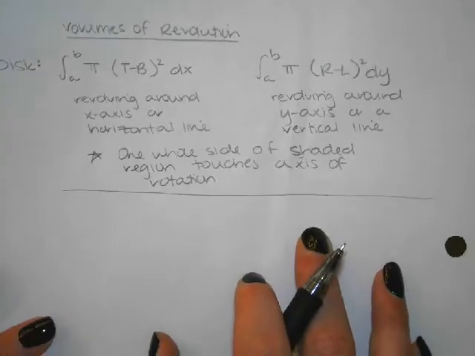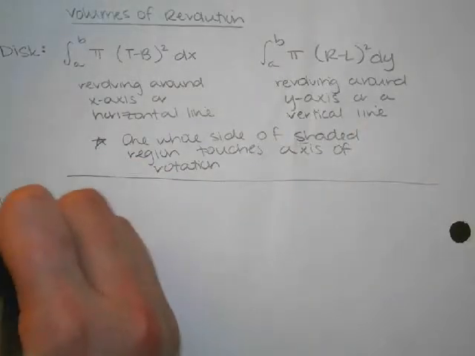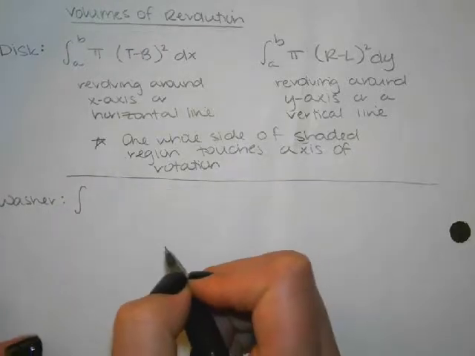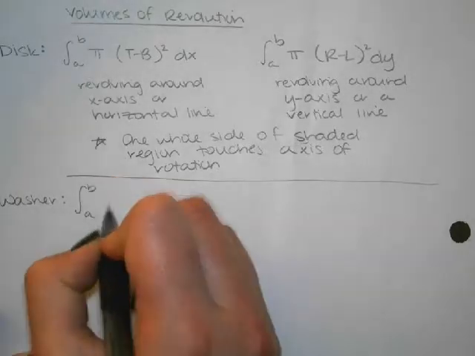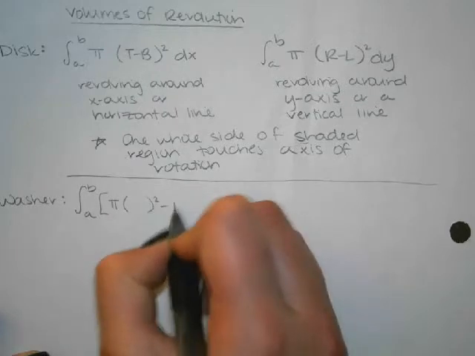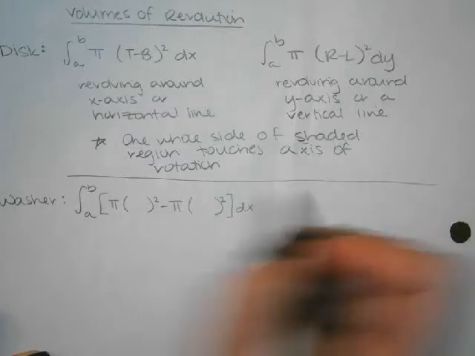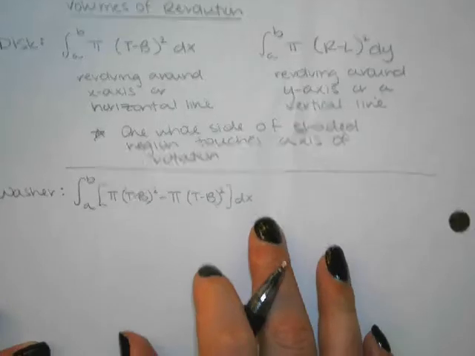And then yesterday we learned about the washer method. And what is different about the formula for the washer method? Yeah, there's two. It's pi r squared minus pi r squared. So I'm going to say from a to b of pi r squared minus pi r squared dx, and it's top minus bottom and top minus bottom.